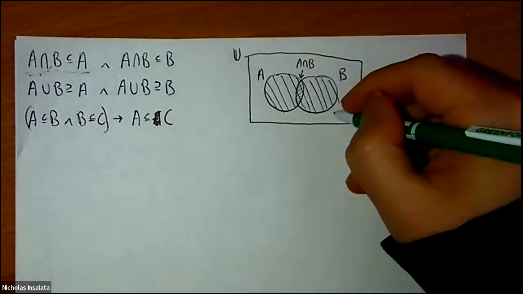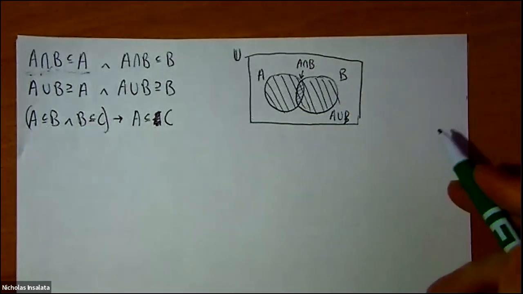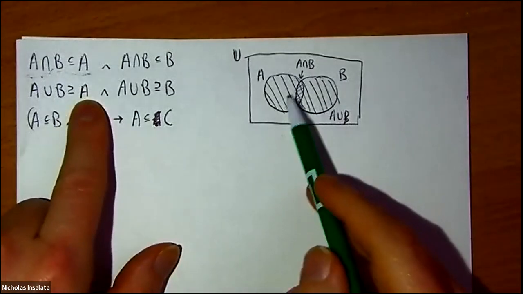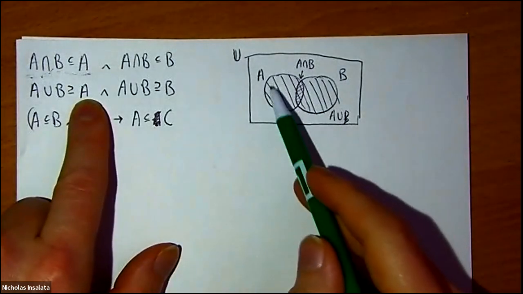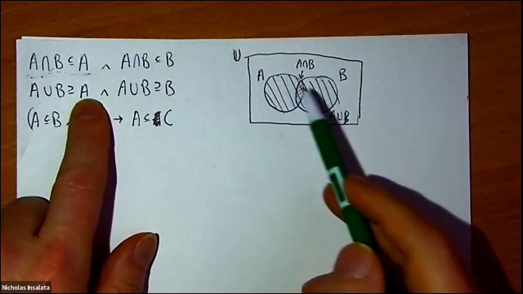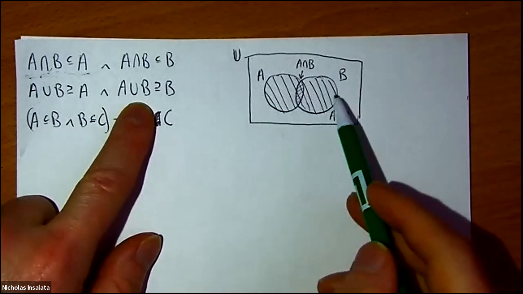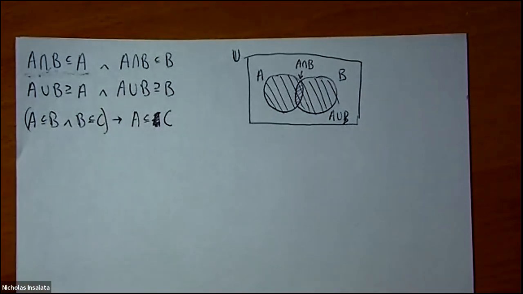Okay, so this is A union B, right? And hopefully it's clear that A is inside of A union B because this circle A is inside of both of them together, right? Also, B is inside of both of them together, right? Is everybody happy with that? Any questions?